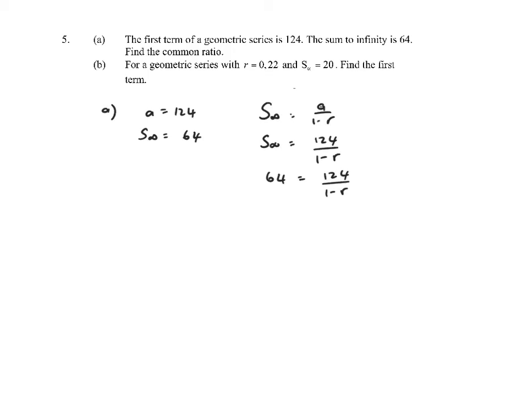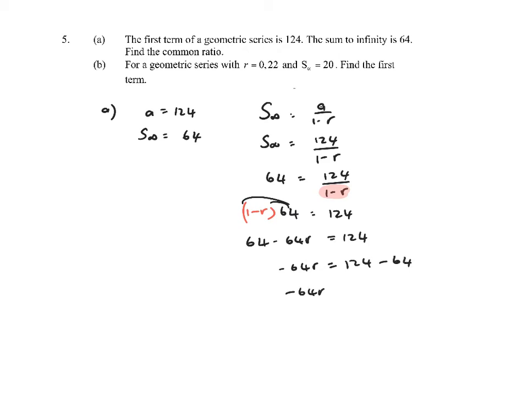How do I solve for r now? The variable you want is in the denominator, so multiply by 1 minus r on both sides. Therefore, 1 minus r times 64 is equal to 124. If you expand that, 64 minus 64r is equal to 124, so minus 64r is equal to 124 minus 64.